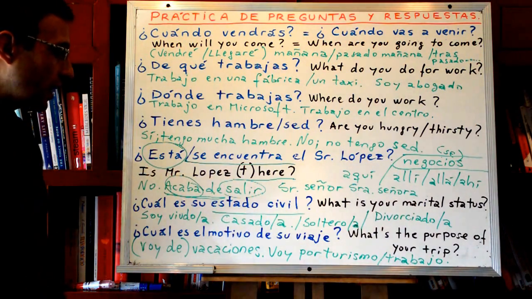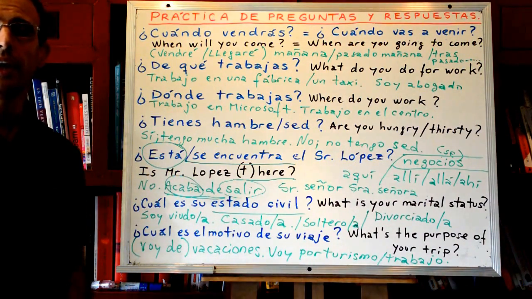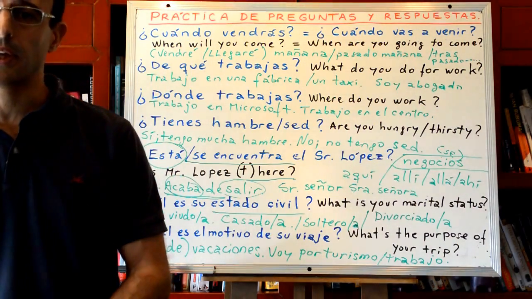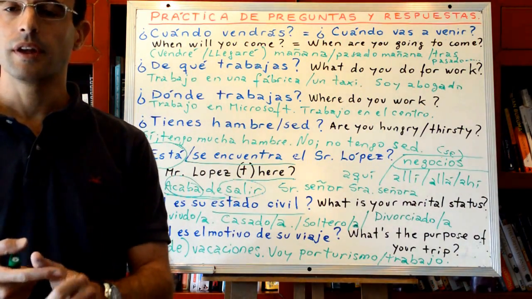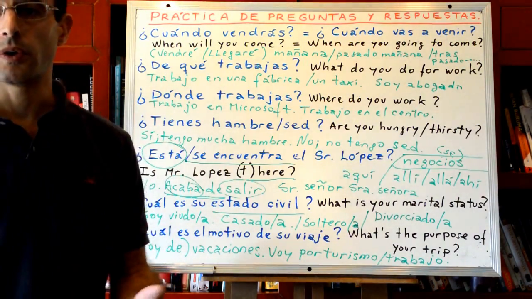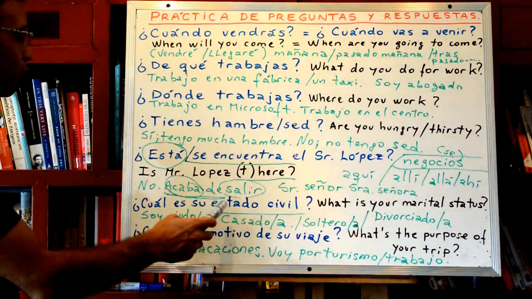Okay, marital status. So, if we ask for somebody's estado civil, we are asking whether that person, that man or that woman, is married, single, a widower or a widow, or divorced. Okay?